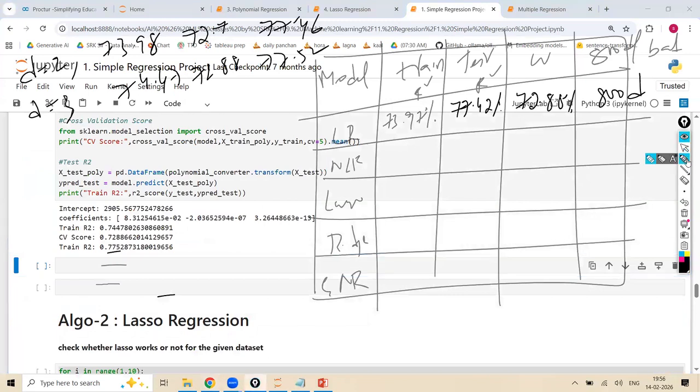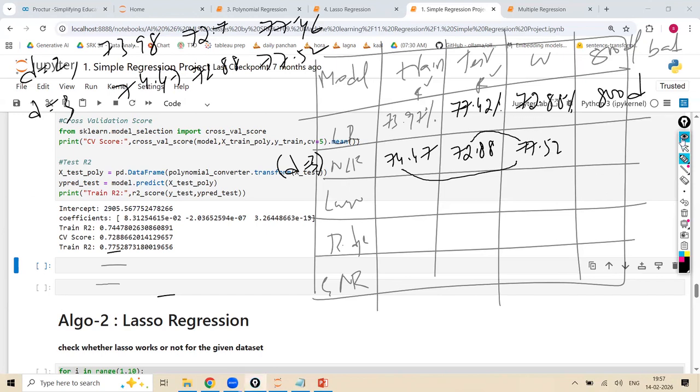So now in the non-linear regression, whichever is the best, that one you have to write in the table. Degree of 3 is the highest, so we are going to write here 74.47. CV score is 72.88 and test is 77.52. Like this we are going to write. Now we are going to observe between these, plus or minus 5% range. This is also within plus or minus 5% range.